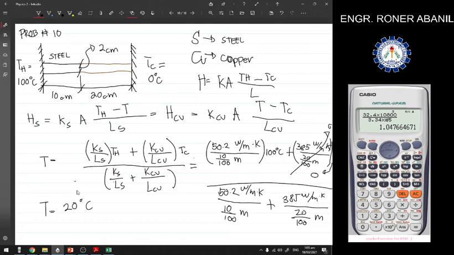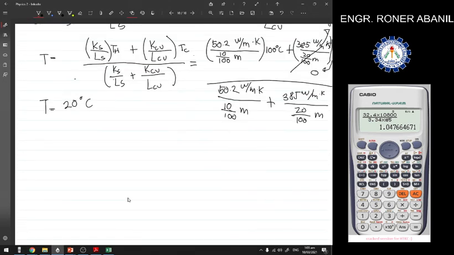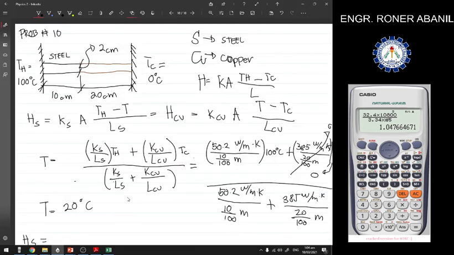Okay? So, yun. Hindi pa yun yung final answer natin. We can find the total heat current by substituting the T into either the expression of HS or the H of copper. So, kunwari, dun tayo sa HS.